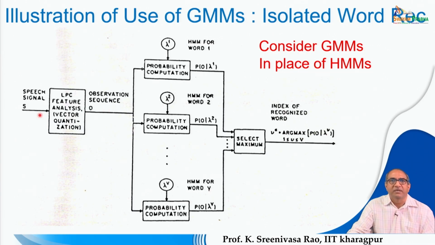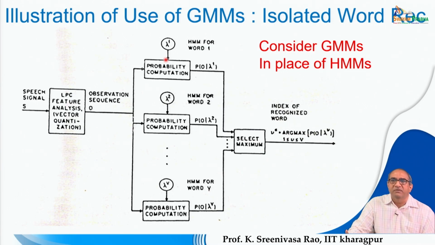From the feature extraction module we get continuous feature vectors, and we perform vector quantization on them so that we get coded vectors or symbols, and use those code vectors for a given class.